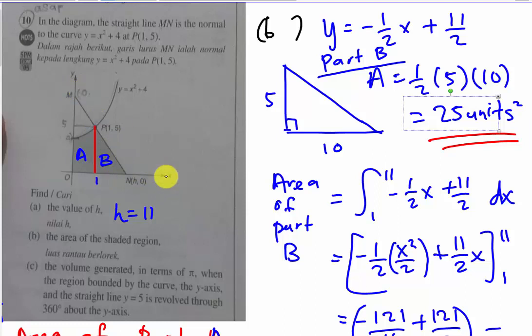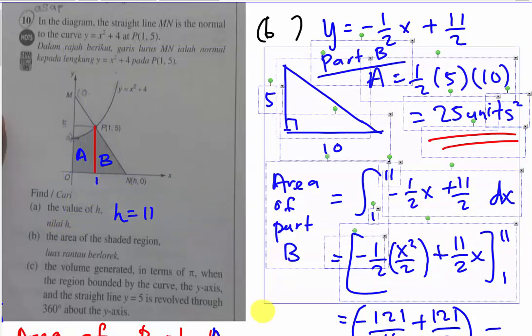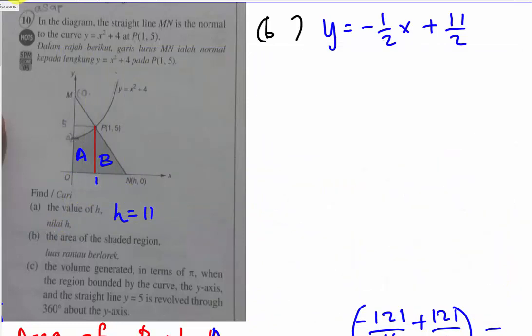I guess some of you might not get what I'm saying, so I will show you. Some of you might find it a bit difficult to do part A and part B, so you can do it like this, which is what I normally do.